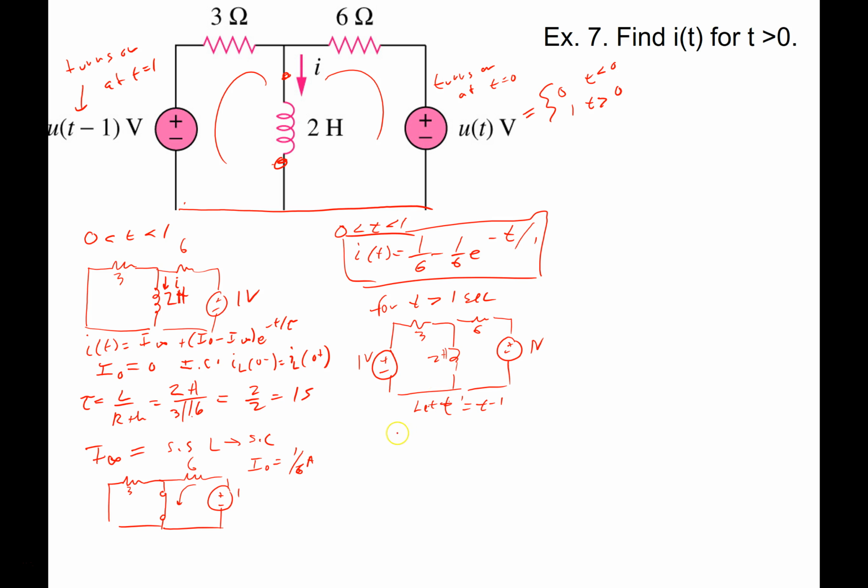And then we can reference everything to this t prime variable in this domain, and then adjust our time variable later when we get everything straightened out. So at 1 second, both these sources are on? Yes. So now we're solving for I of t prime.